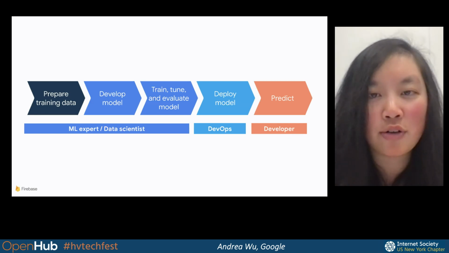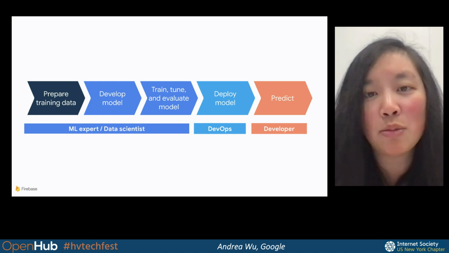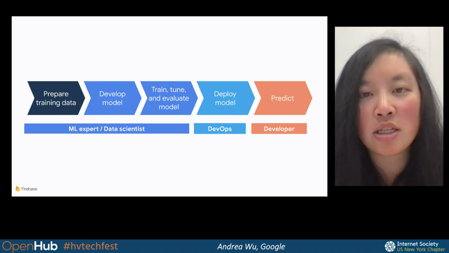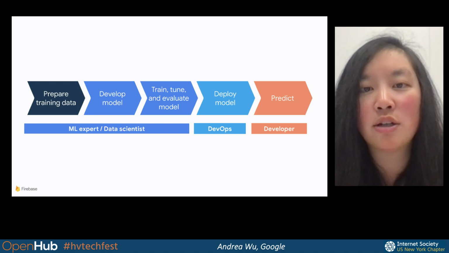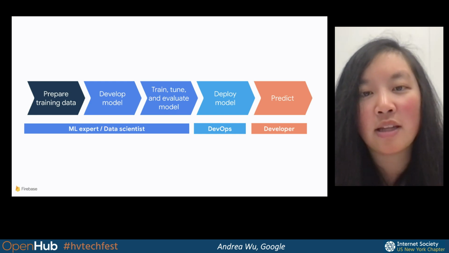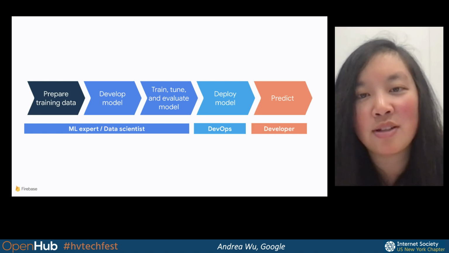Machine learning is not a trivial task, and usually a team will need a data scientist or a machine learning expert to build and train these models. And in order to serve these models dynamically, we'd have to build up the infrastructure to do that. And that's before we even write the client code to interact with the model and generate predictions. So this sounds like a really involved and long task, which it usually is.